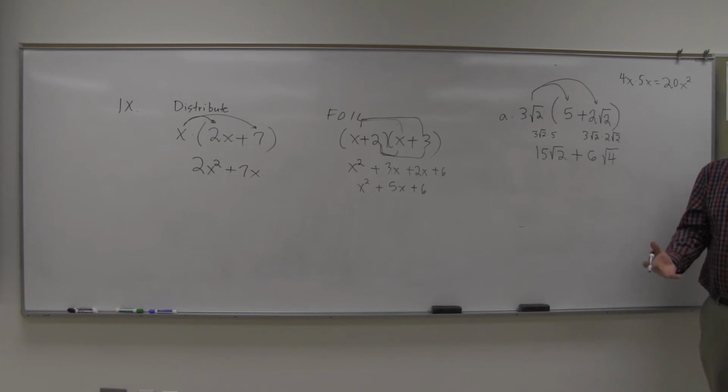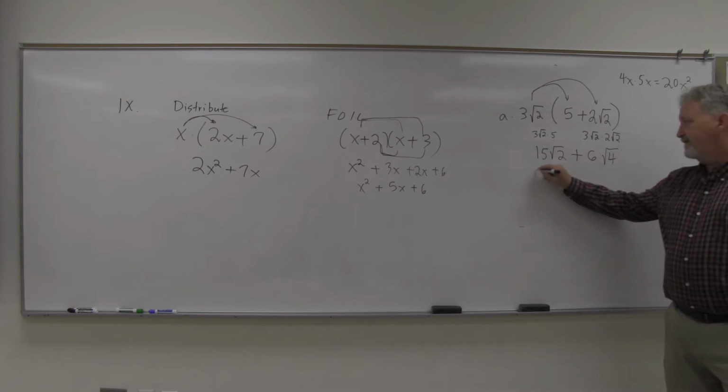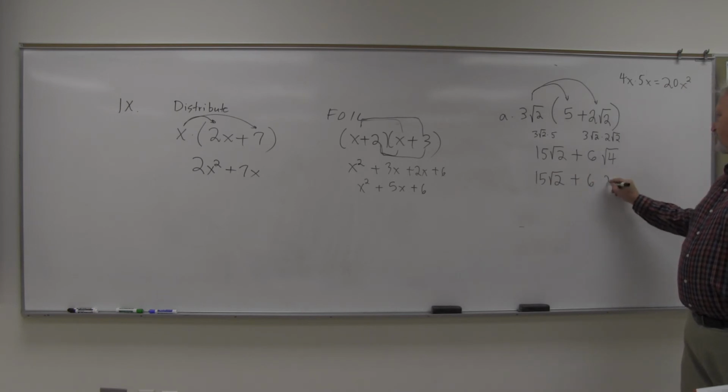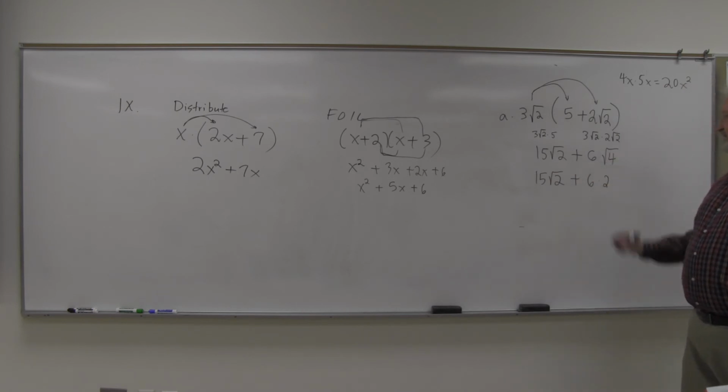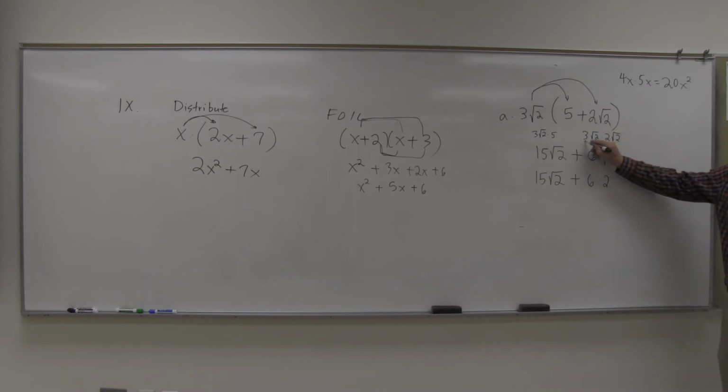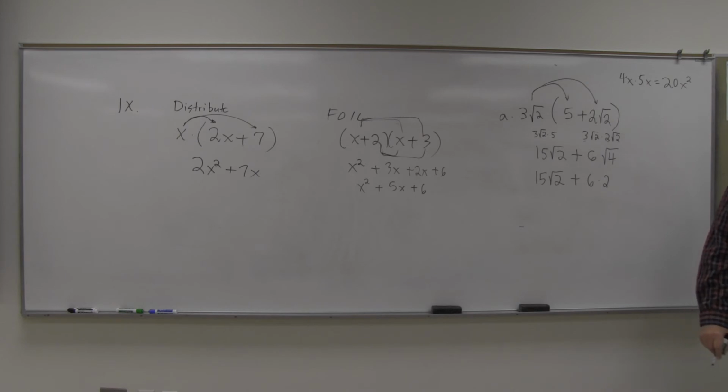You can actually take the square root of that one to simplify it. So that's going to be 2, and it's understood that that's times. Question? Trying to figure out where the 6 came from. The 6, okay, that's 3 times 2. You multiply the outsides together, and then you multiply the insides together. Okay, makes sense now. Good?